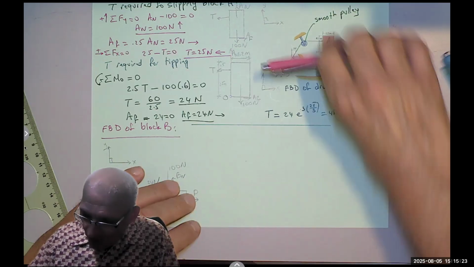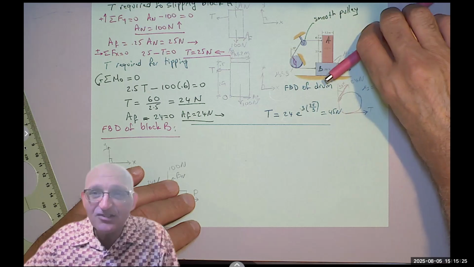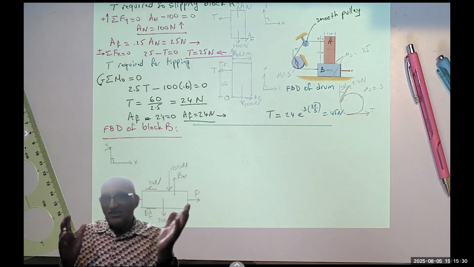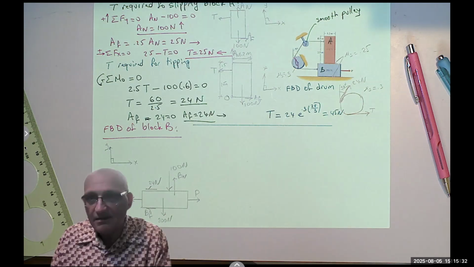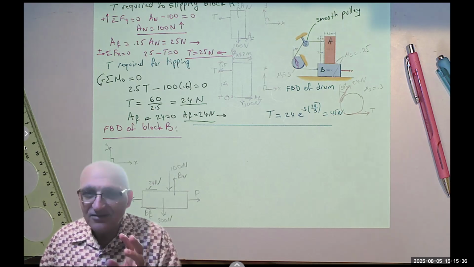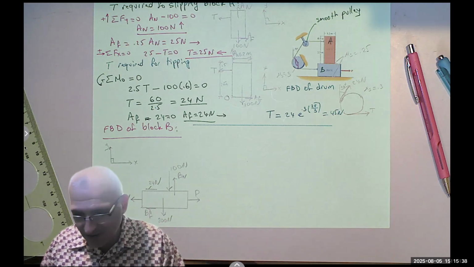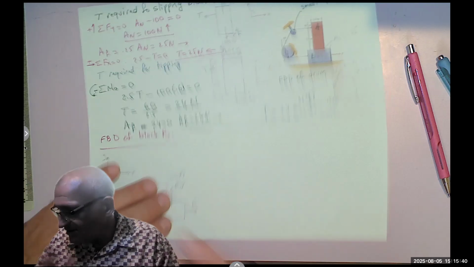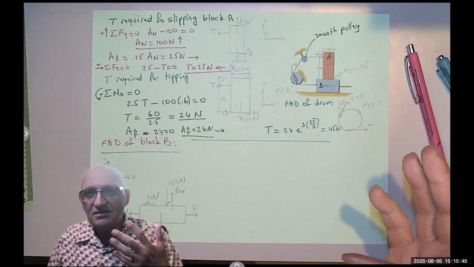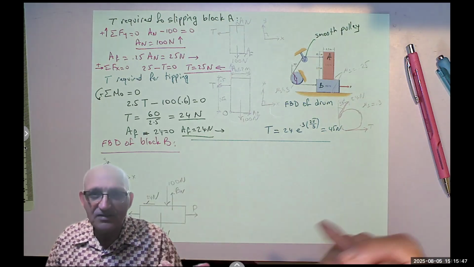If I make any one of these cables or even this force slightly not horizontal, I change the angle, then the normal force will not be 300. So please don't take the wrong idea that normal force is exactly the weight, but opposite direction.